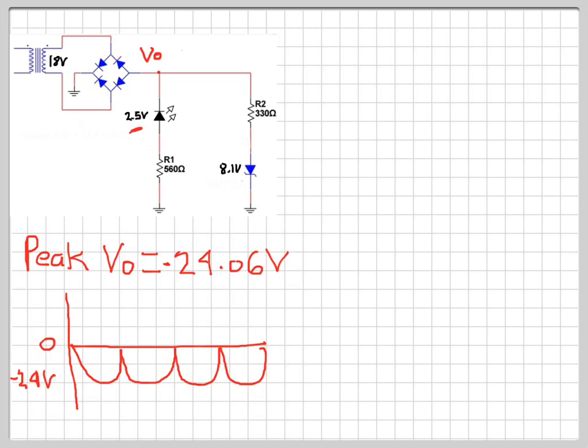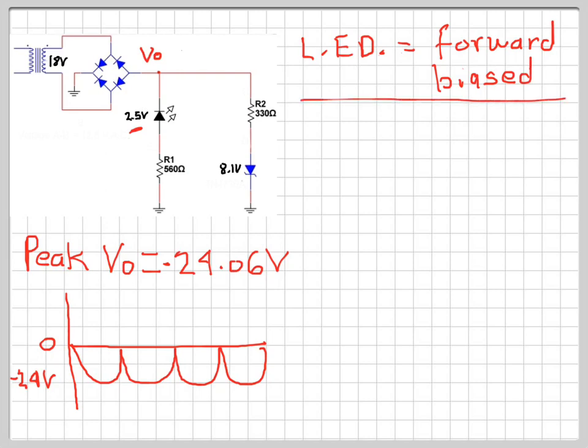Okay, so the LED, look at the orientation of the cathode. The LED will be forward biased. So let's convert the output into DC.